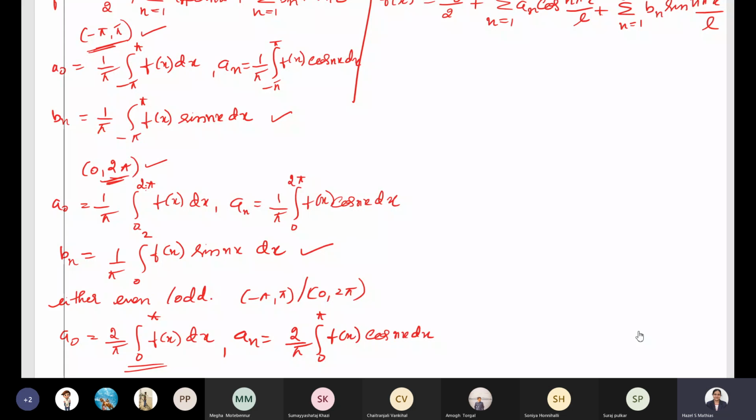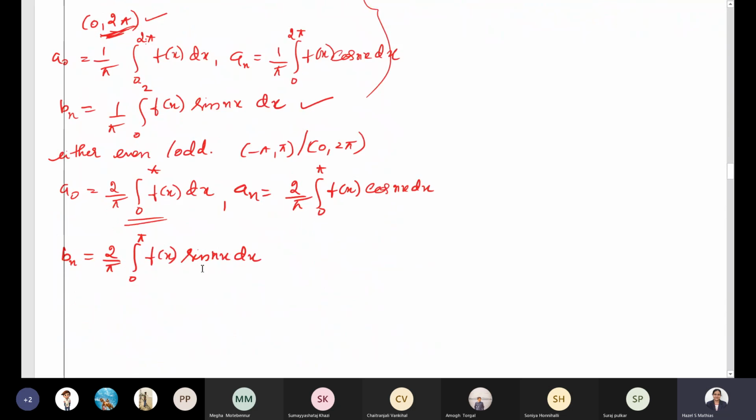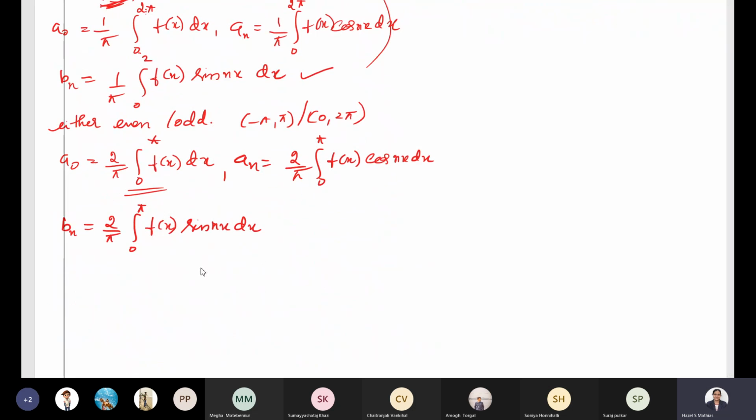All the formulae I have listed here are the same, but it depends on the interval. And in most cases, the last one only will be used because you will be asked questions which are either even or odd. So that's why this will be asked most of the time.